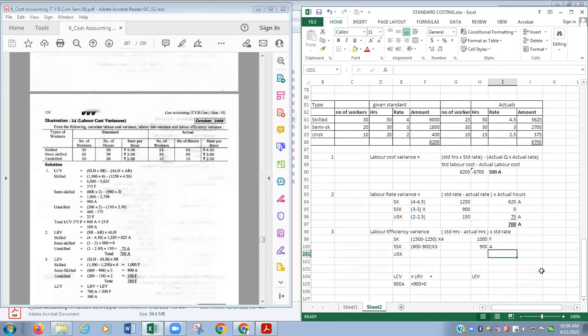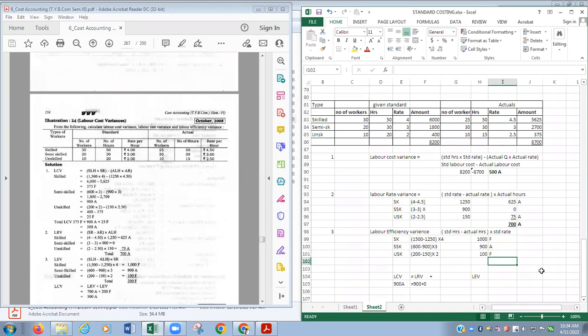Then last one, unskilled. Standard hours 10 into 20, so 200, minus actual were 10 into 15, 150 hours, into standard rate was 2. Okay, solve this one also. So 50 into 2, and we have saved here on hours. So it will be favorable.